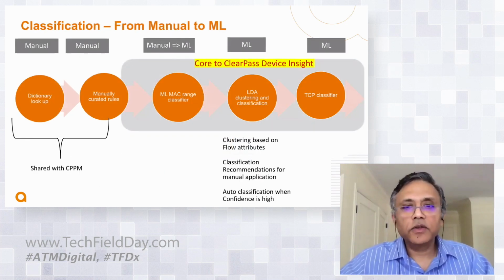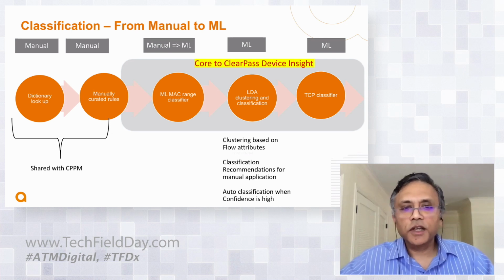And a good segue to this slide is to talk about specific techniques in machine learning that we are using now. So on the left side, you'll see simple lookup tables, manually curated rules, and we share a lot of that with the policy manager. Historically, that's where the profiling was done. But starting around December of last year, we introduced the MAC range classifier.